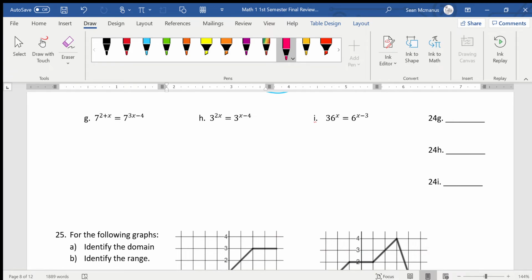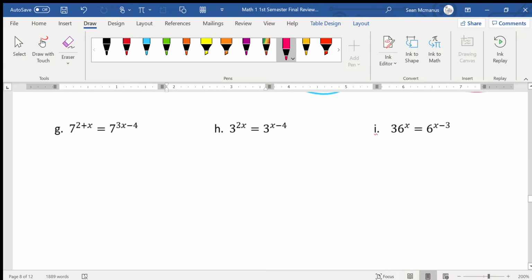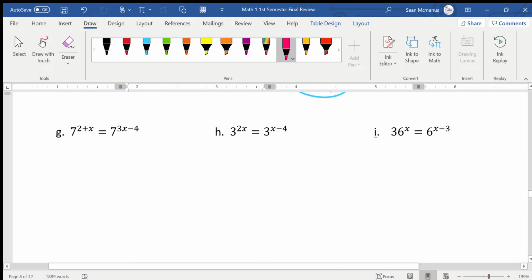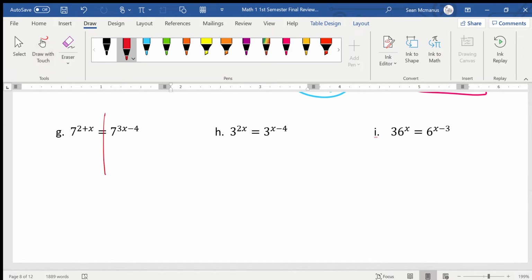So if I look at part G right here, it's telling me that these two sides are equal, right? The left and the right side are equal. Well, if the bases are equal, the 7s are the same, then that means that the exponents have to also be the same. So I know that 2 plus x has to equal 3x minus 4.